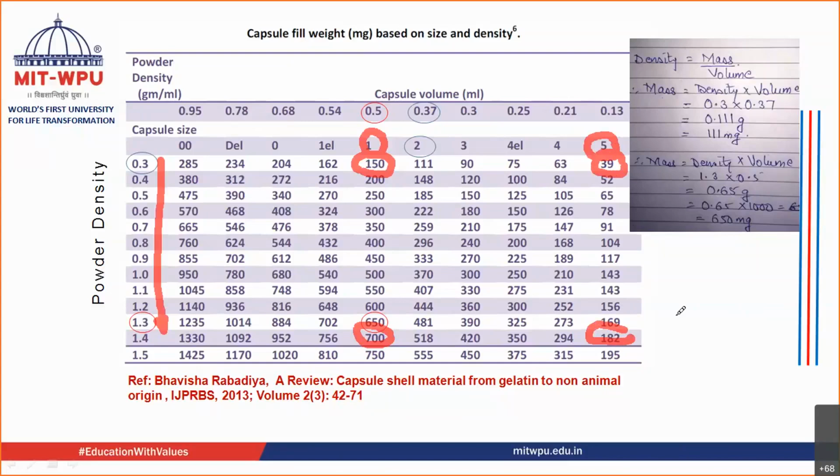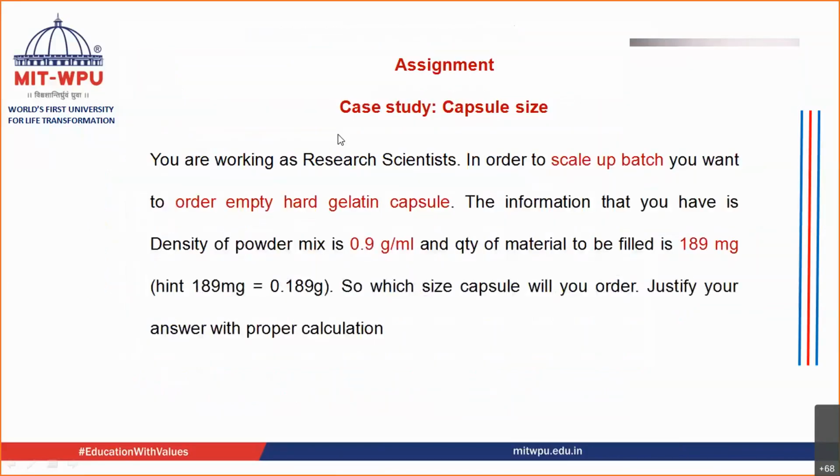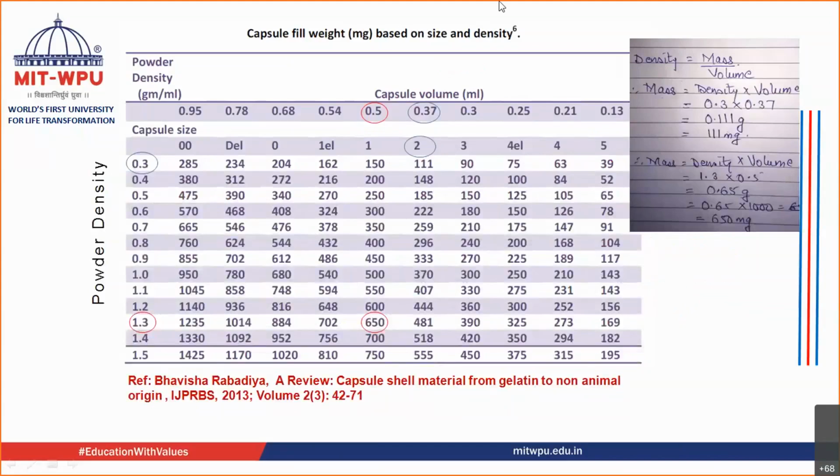So in short, if I take the smallest size, that is 5, the amount of material that can be filled ranges from 39, up to size 000, 1330 milligrams. This much material can be filled inside my capsules.